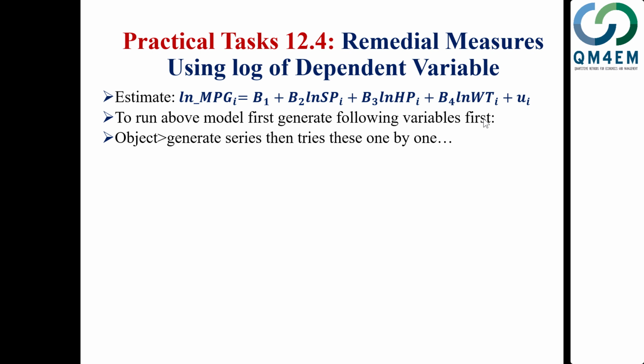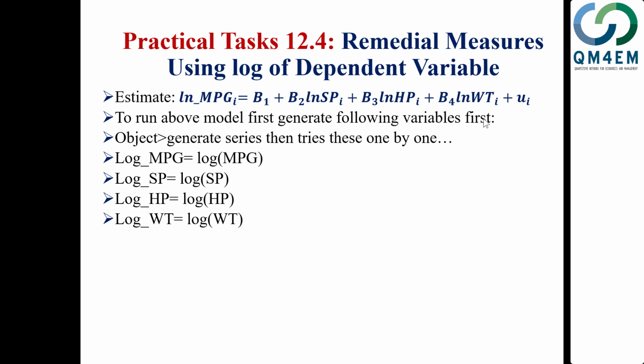One way, as we did in the past, is to generate log of MPG by going to Object, Generate Series, and writing log_MPG equal to log of MPG. Or I can name it ln_MPG equal to log of MPG. It's up to me whichever name I want to give. The left hand side is my choice, the right hand side should be the way it is written here.